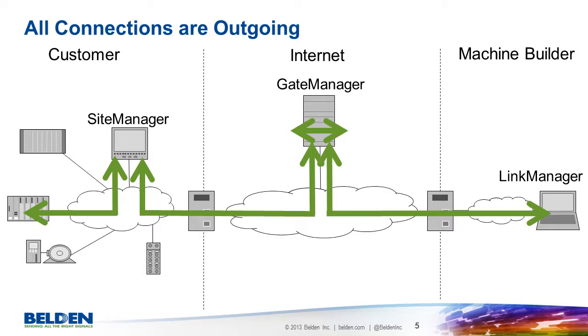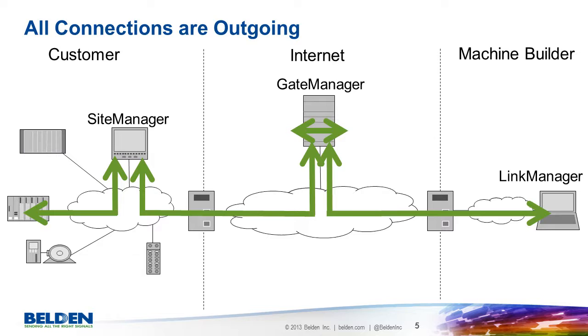The objective of the secure remote access solution is to make the PC running Link Manager appear to be directly connected to the customer's network. The same applications will run. The same IP address can be used. In other words, it's a completely transparent solution.